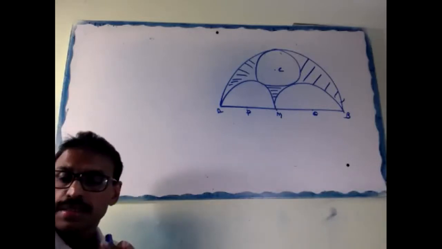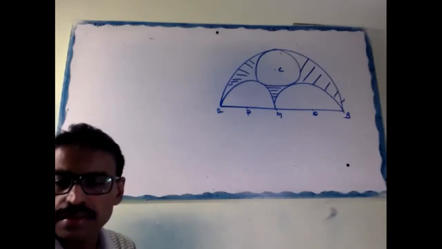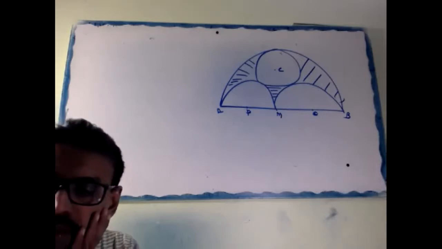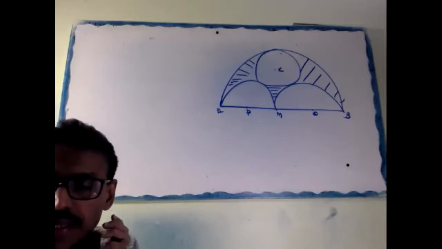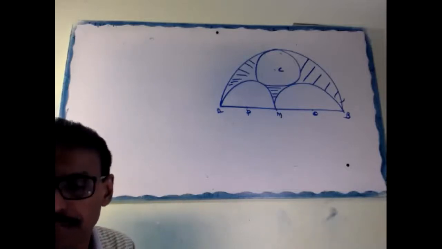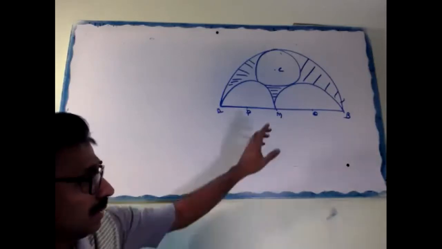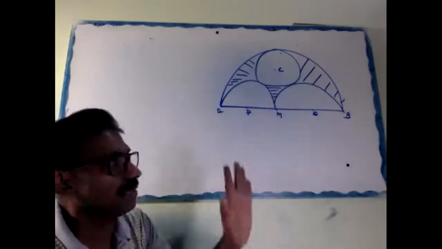Come on, finish the figure. I'll explain this one. Look, the hint, then we can try. Look here. The shaded area is the area of the big semicircle on AB, minus the semicircle on AM plus the semicircle on MB, plus this full circle.